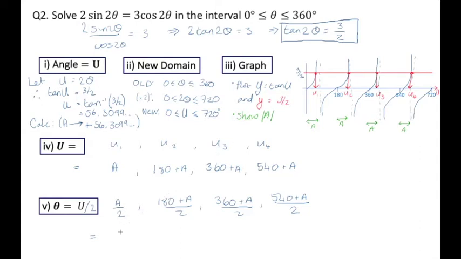Now I can just substitute this into my calculator, use my A, recall it using alpha A on your calculator, and you should find, if I divide A by 2, I'm going to get, to 3 decimal places, 28.155, 118.155, 208.155, and 298.155.